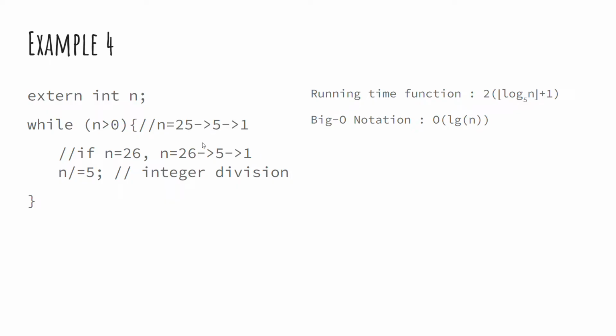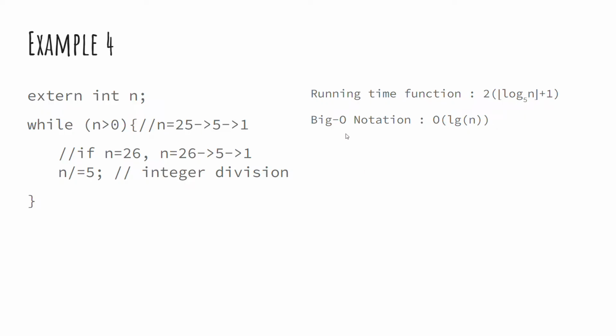So if you notice over here, in the case that n is equal to 25, we get 3 iterations, and n equals 26 again gives us 3 iterations. 25 is 5 to the power of 2, and so 25 and 26 give us the same iterations. The reason we add 1 is because we have an extra iteration when n is equal to 1, which we don't consider in log n base 5.